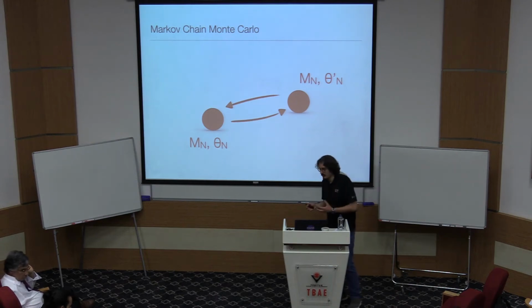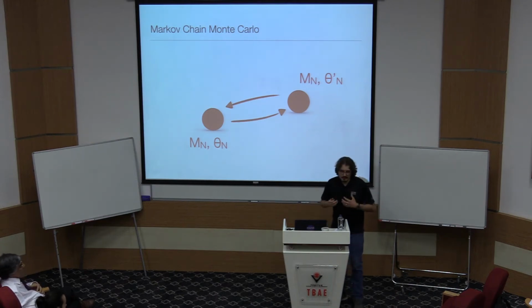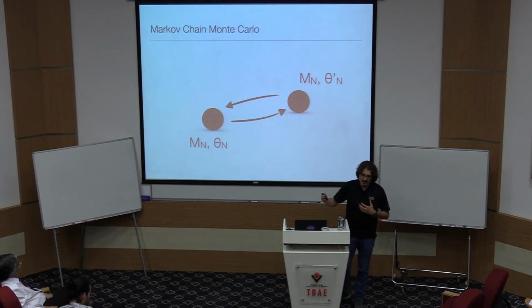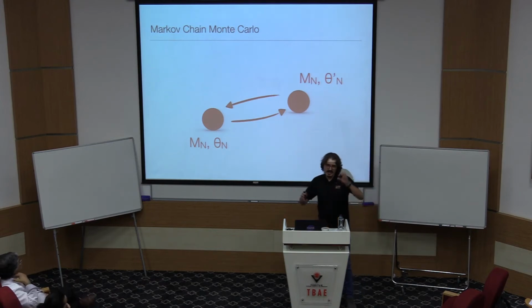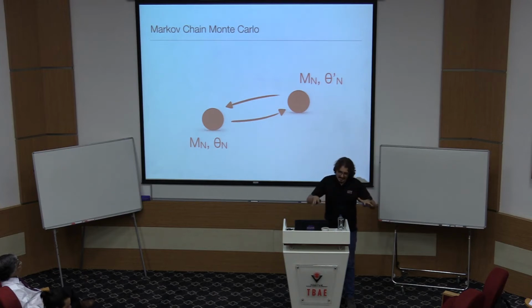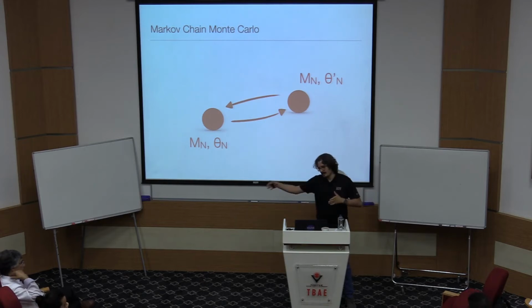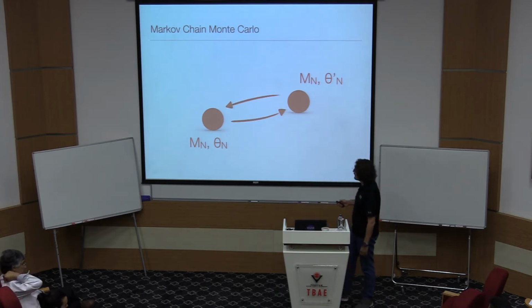By the way, the Markovian property is the property of not depending on your history. So you construct a chain, and the current state of the chain does not depend on the history, or at least the probability density function of the next state does not depend on the previous states.